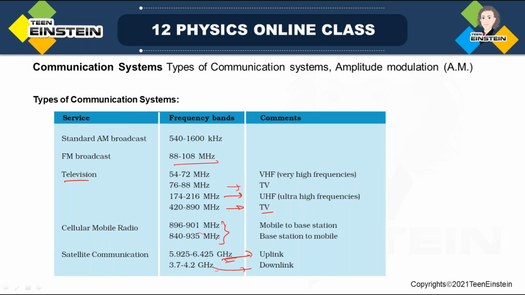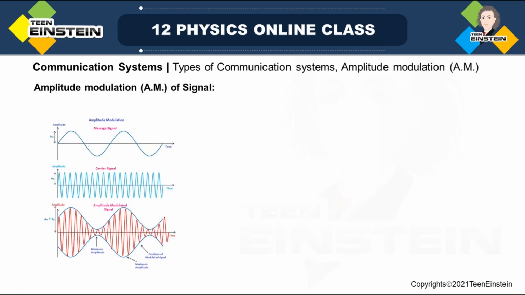Now we'll learn amplitude modulation in detail. So what is modulation? We had already discussed. Sometimes there will be low frequencies which cannot be transmitted for a very long distance because they will be attenuated, or the strength of the signal will be lost before it reaches the receiver.